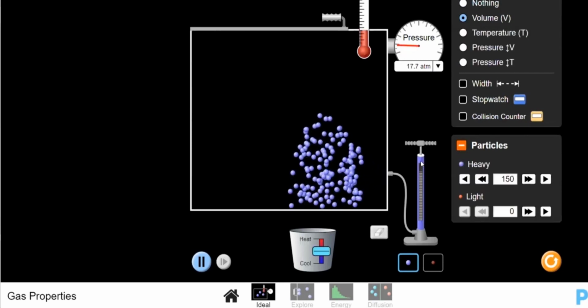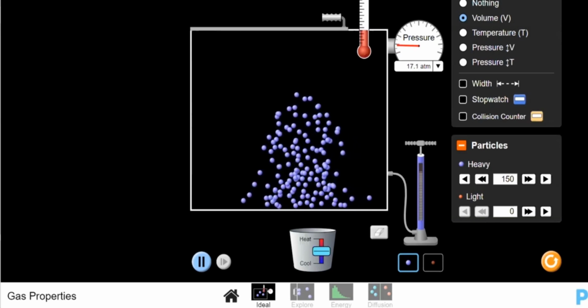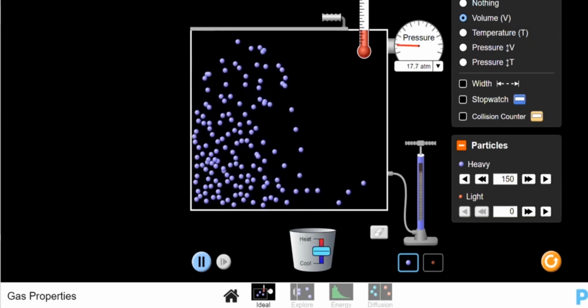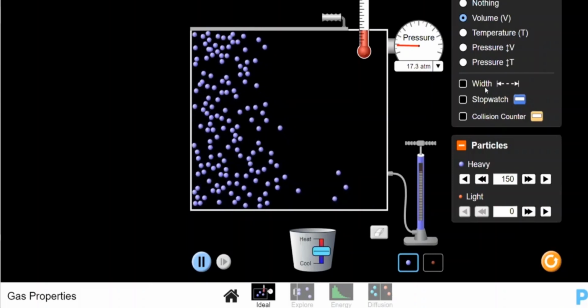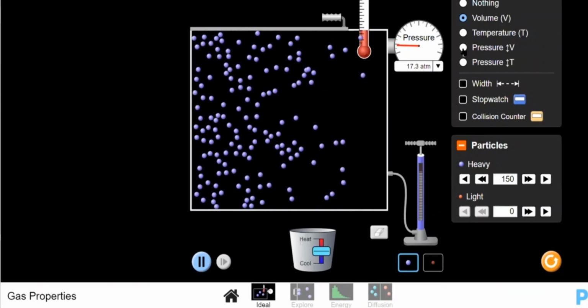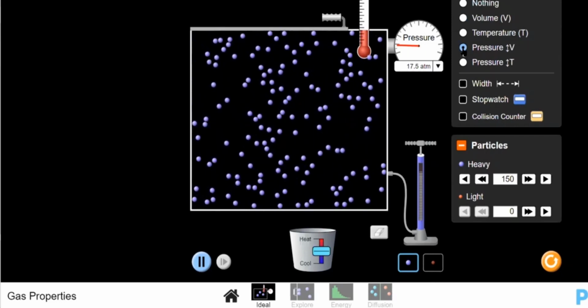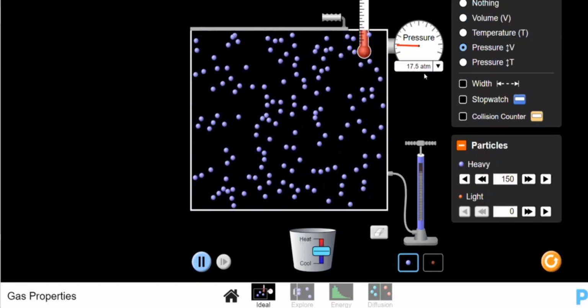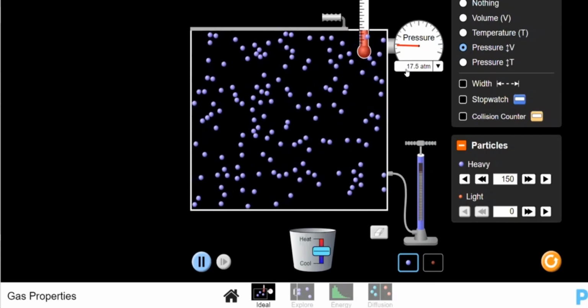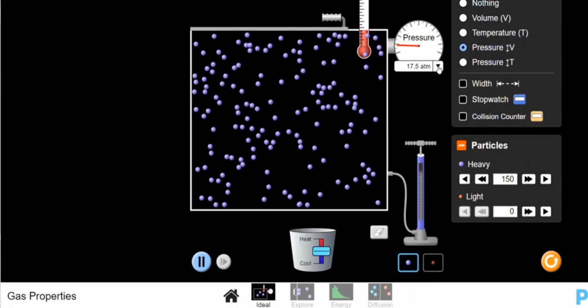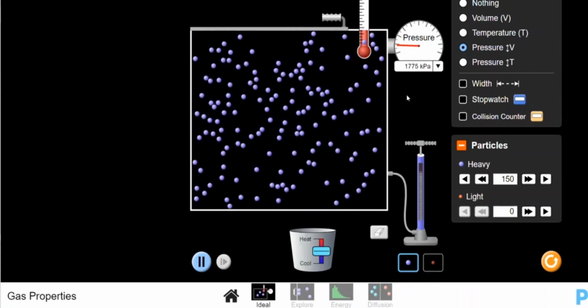Okay, so there's some gas sitting here in a container. I'm going to hold the pressure constant. Ready? Click. Hold the pressure constant. Allow the volume to change. That's what that setting does here. All right, so notice my pressure gauge is sitting there at 17.5 atmospheres. I can change that to kilopascals.